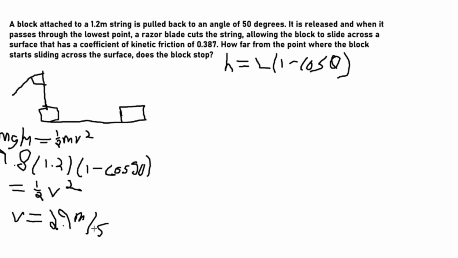So now we're going to try and find how far it goes. We have the velocity right here, which is helpful. So we're going to use the work equals the change in mechanical energy, which will be F d cosine 180, because in this case the force that's being used is friction.